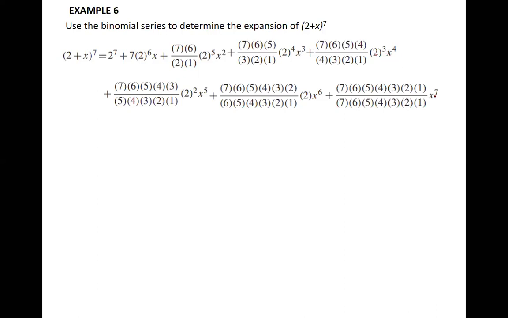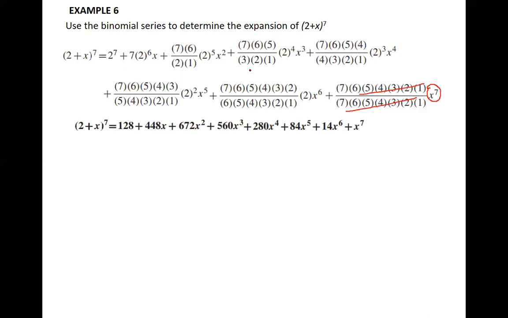And of course, this is just 7 choose 7, which is just the same as 1. And then you have your last term as x to the power 7. So it is as simple as that. You can try it in your spare time or when you're studying. You can try to work it out. Let's proceed. When you expand everything there, this is going to be your answer.